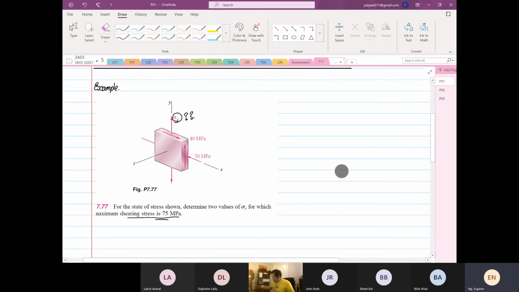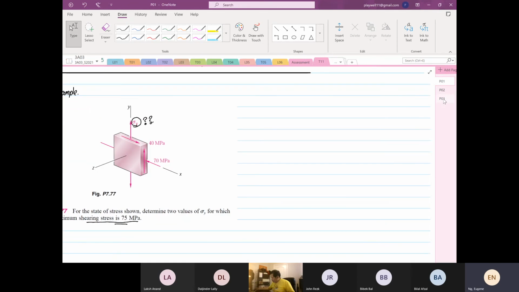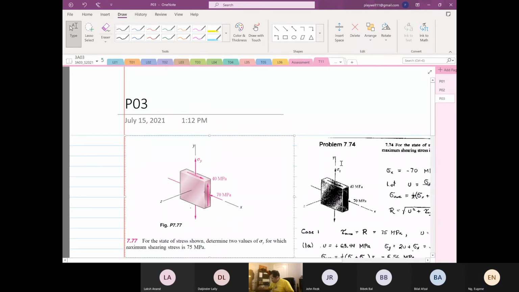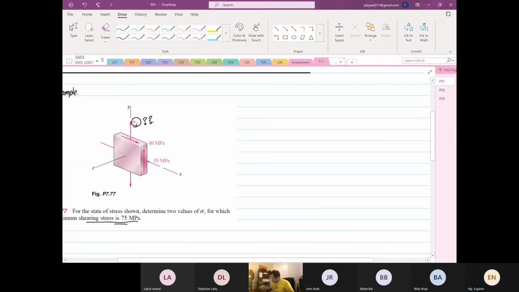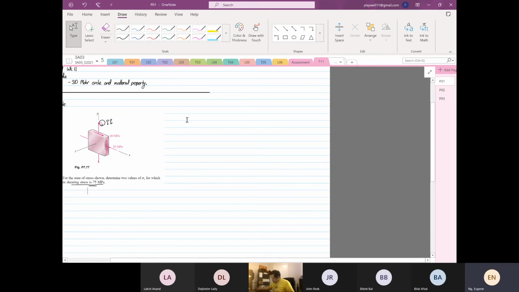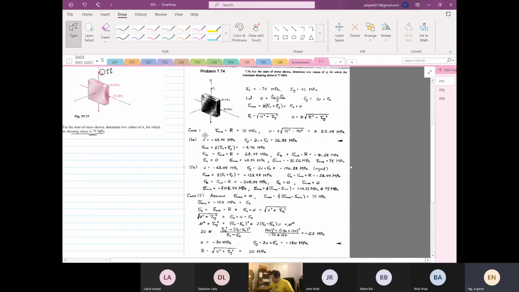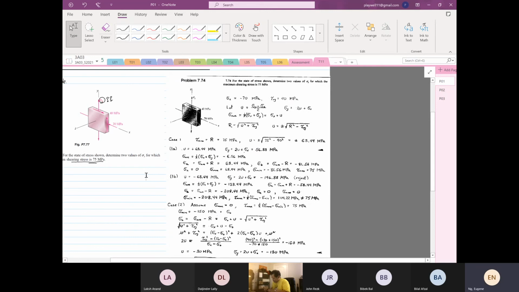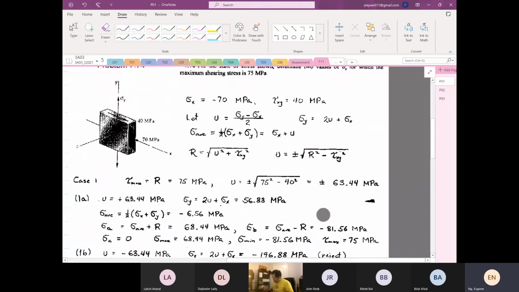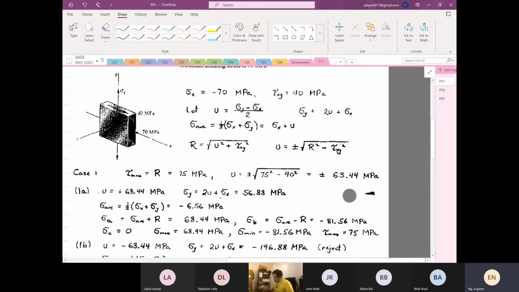At the same time, I've posted the solution from the solution manual. So you will see there are a lot of equations.